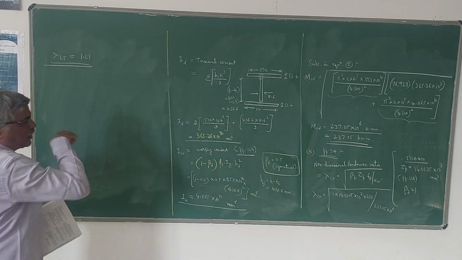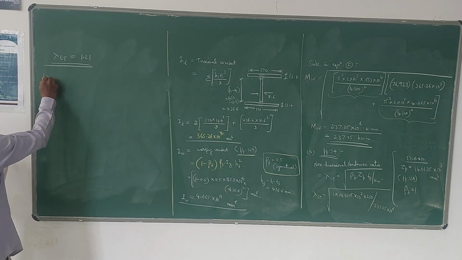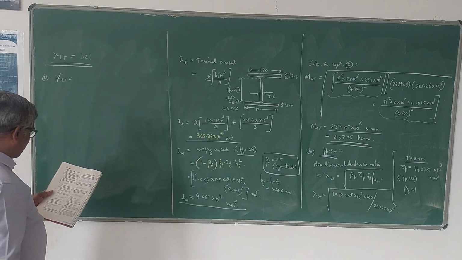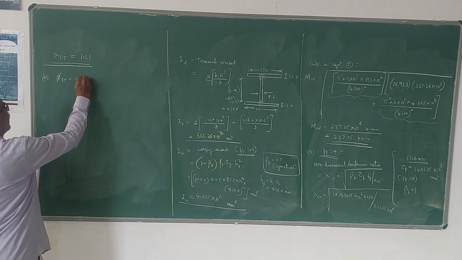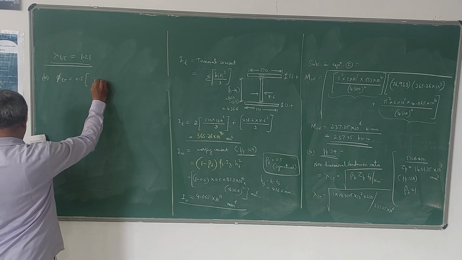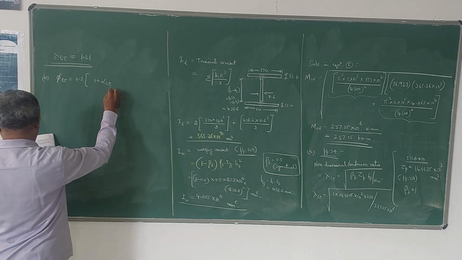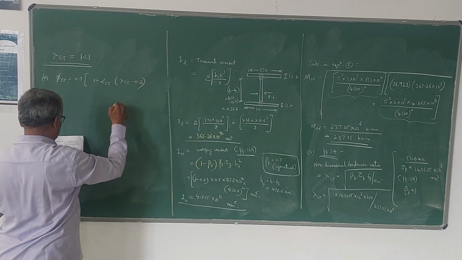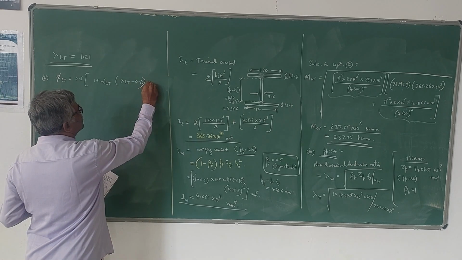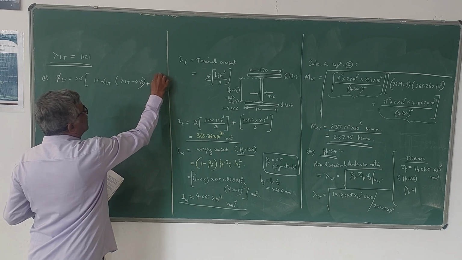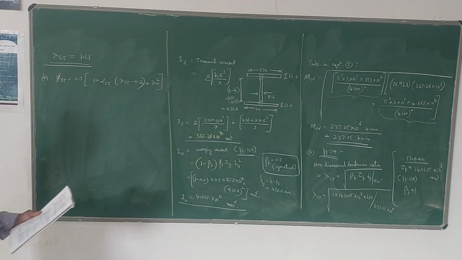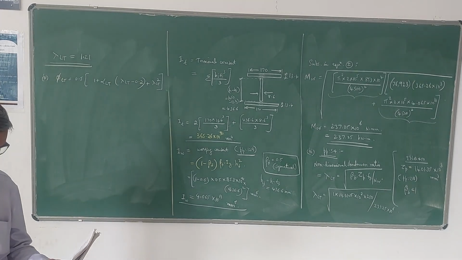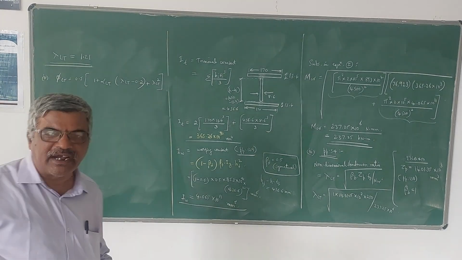Next, now, 4 is done, 5. Phi LT is equal to 0.5 into 1 plus alpha LT into lambda LT minus 0.2 plus lambda LT square. Here we need alpha LT, which is given: the alpha LT value is 0.21 for rolled steel section and 0.49 for welded steel section.